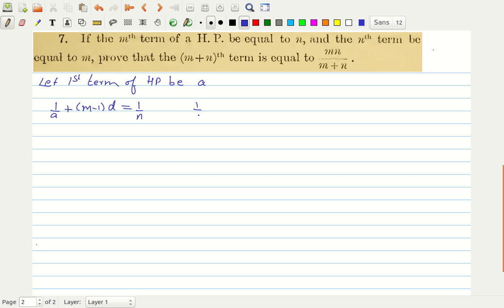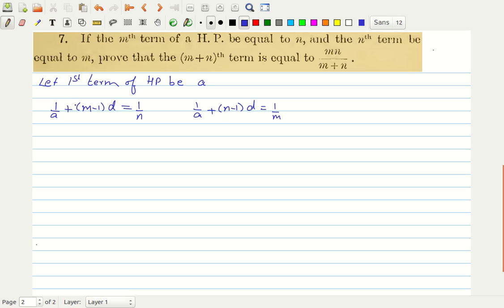The other information given is 1 by a plus the nth term, which is n minus 1 times d, should be equal to 1 by m, because the nth term is equal to m. So now we have two equations. We can solve for both 1 by a and d.